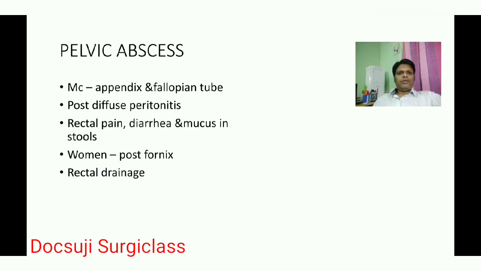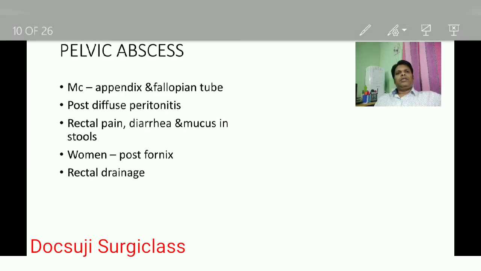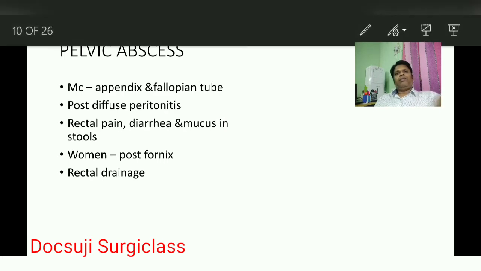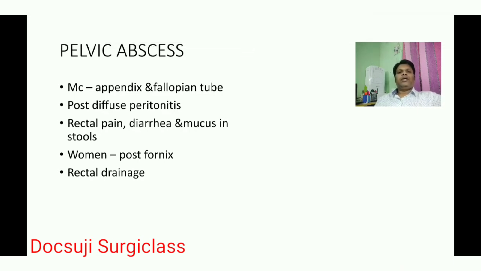Also after any surgery, any patient who underwent diffuse peritonitis or laparotomy, you can get a pelvic abscess. What are the symptoms? Rectal pain, diarrhea, mucus in the stools. In a woman, you can drain the abscess through the vagina, through the posterior fornix. In other cases, you can drain via the rectum. That is rectal drainage.